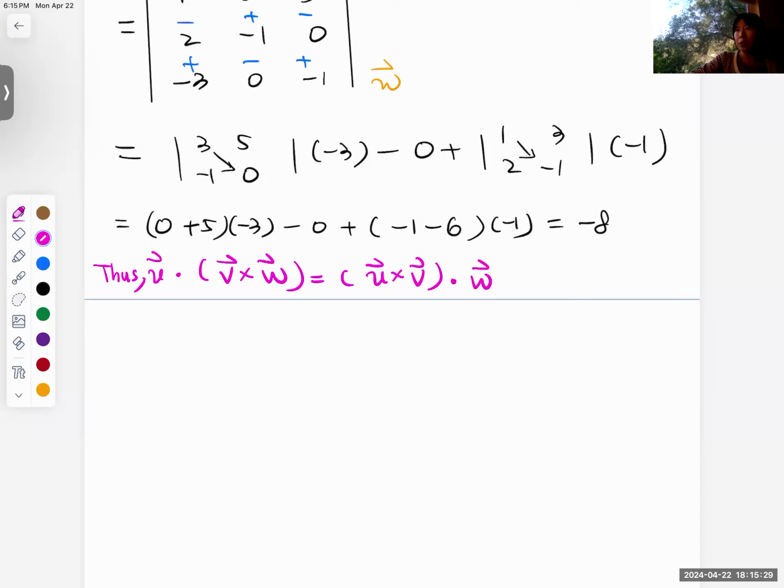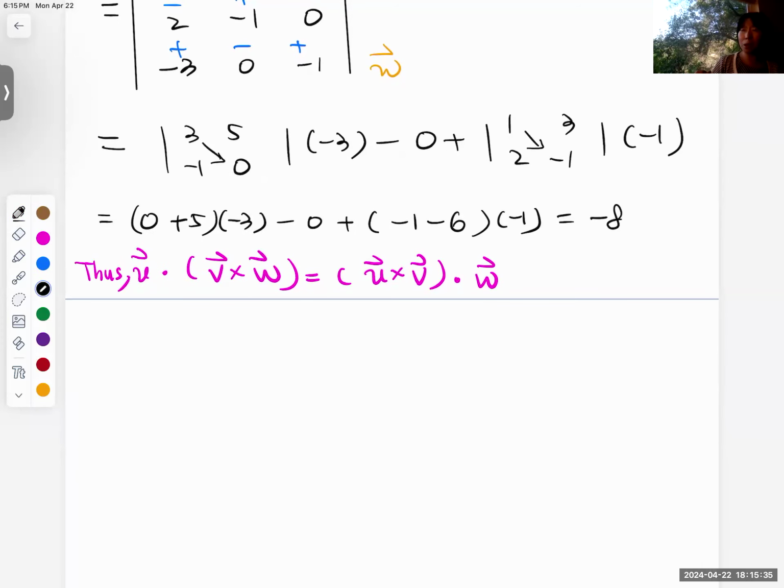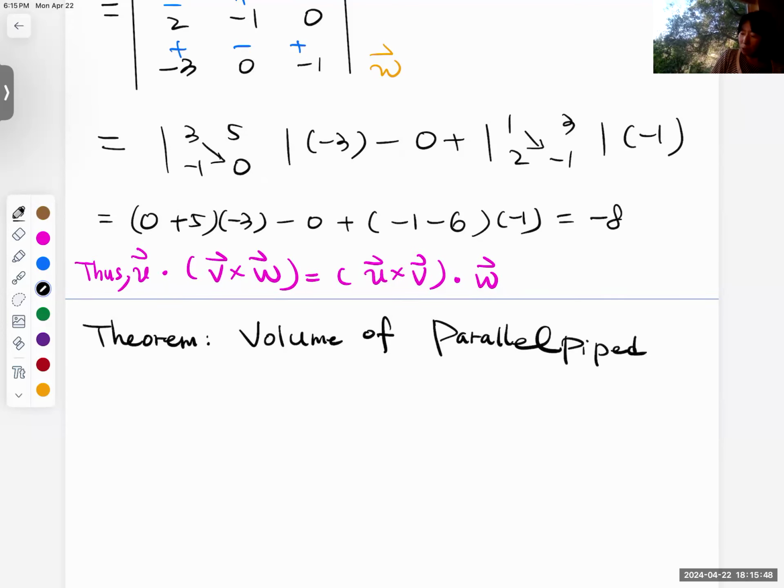Okay, thank you. So let us do the last one. This is the theorem, volume of parallelepiped. So in 2 dimensions, we have a parallelogram, right?